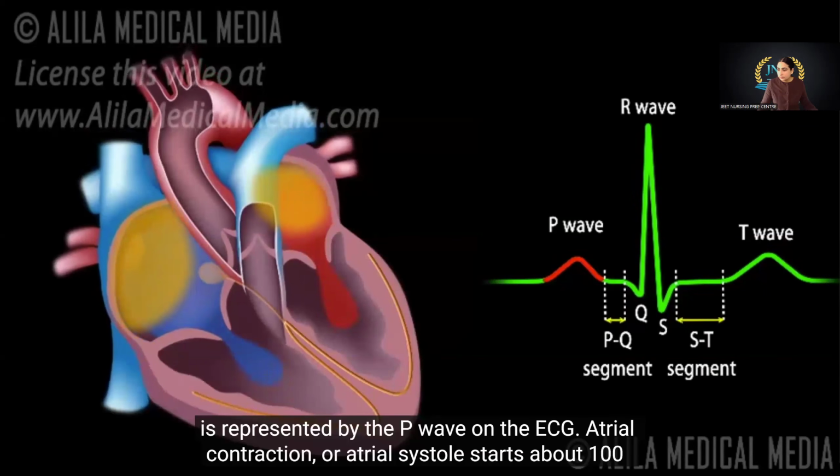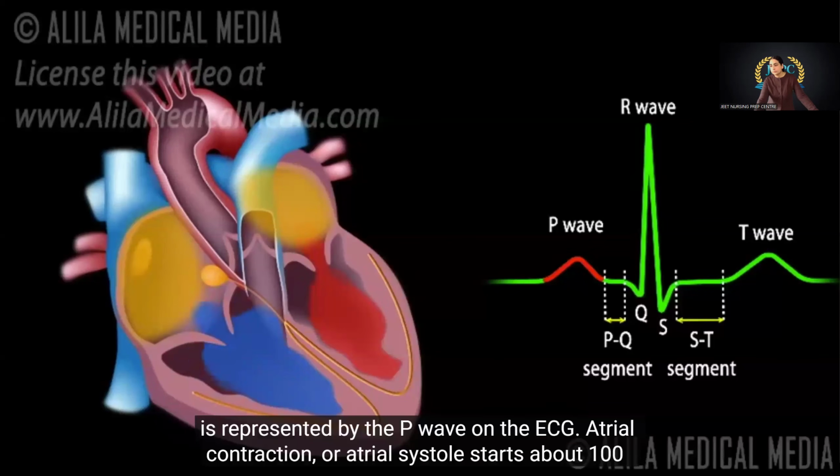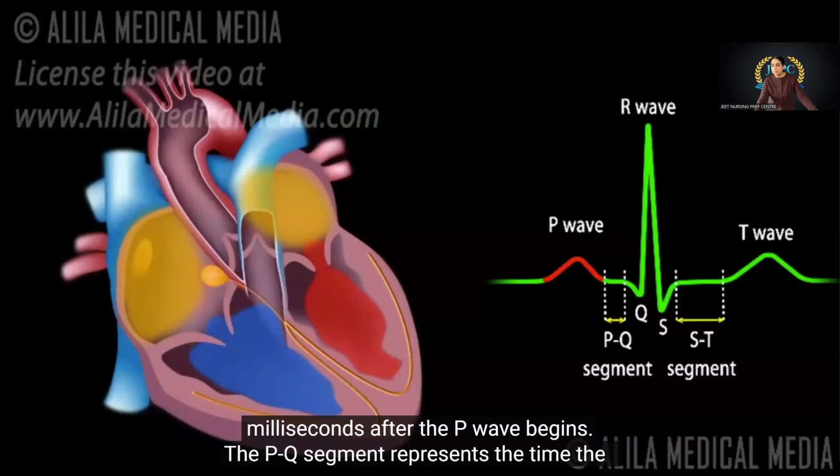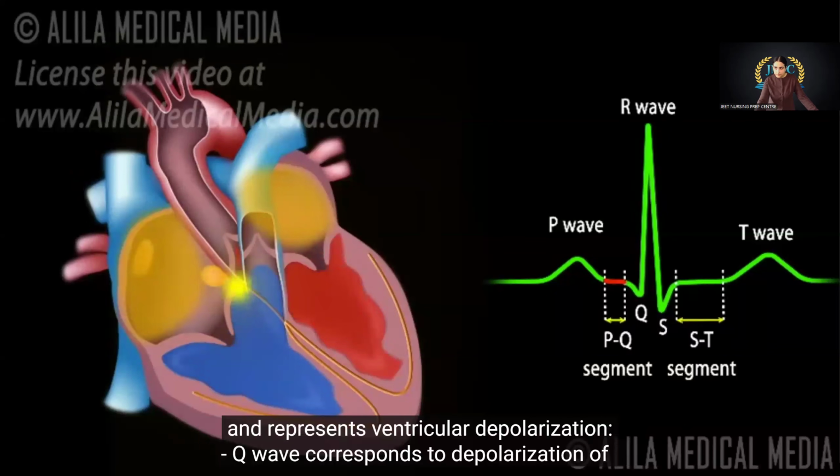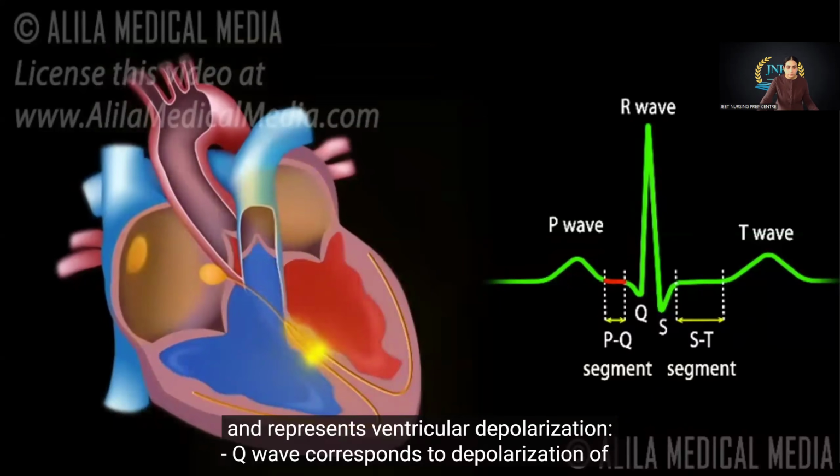Atrial contraction, or atrial systole, starts about 100 milliseconds after the P wave begins. The PQ segment represents the time the signals traveled from the SA node to the AV node. The QRS complex marks the firing of the AV node and represents ventricular depolarization.